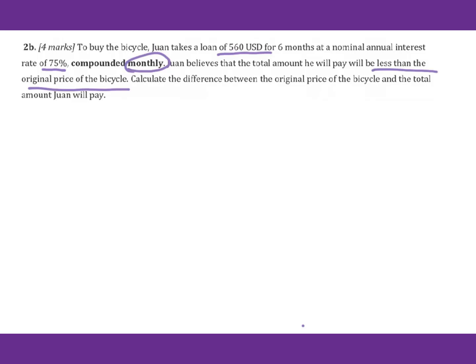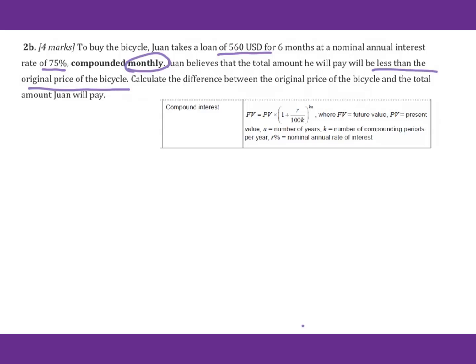Calculate the difference between the original price of the bicycle and the total amount Huang will pay. We need to use this formula to figure out this future value. Remember, no 100. Change this R into decimal. That is 75% equals 0.75.